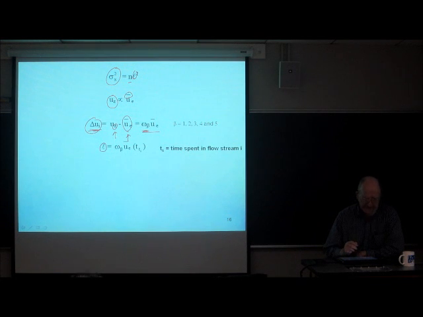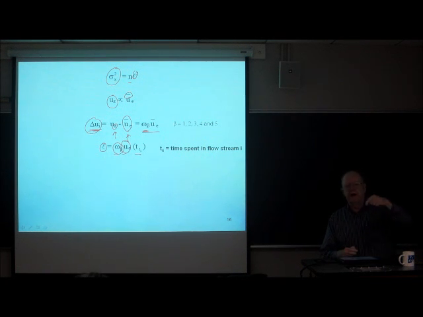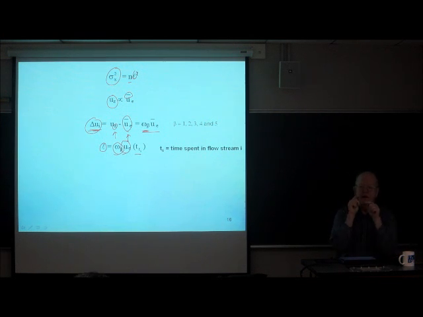The step size relative to the average, therefore, is going to be equal to this proportionality constant times the average velocity times the time that it takes a molecule, this is key, the time that it spends in that flow stream to get from that flow stream to the average flow stream.